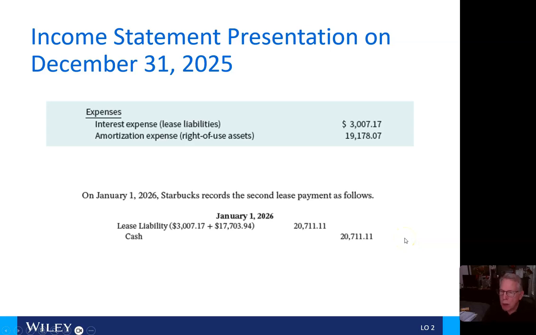On January 1, 2026, Starbucks will then record the second lease payment as follows. And here we're going to debit lease liability for $20,711.11 and credit cash for the same amount.